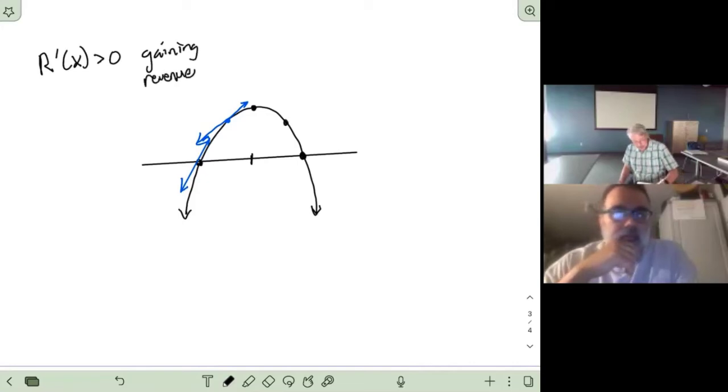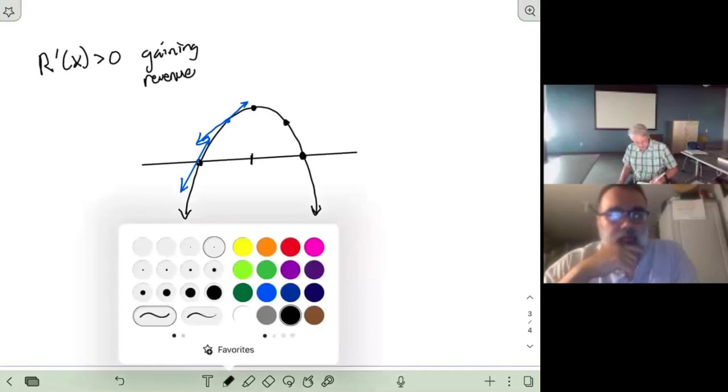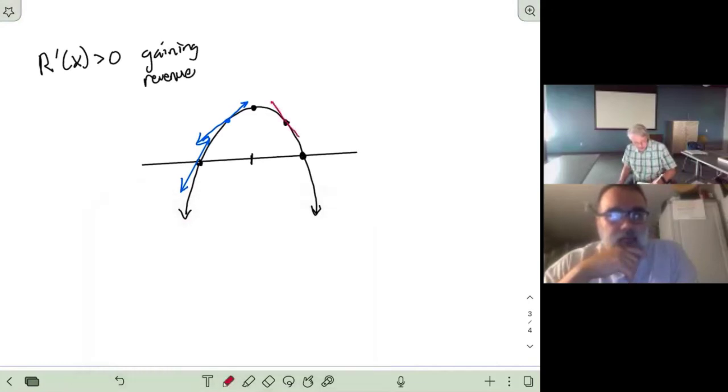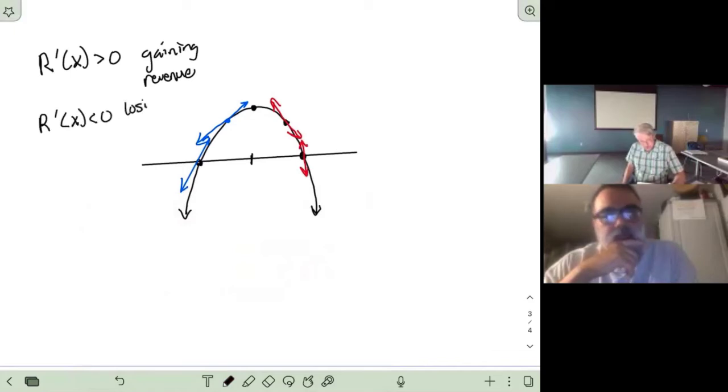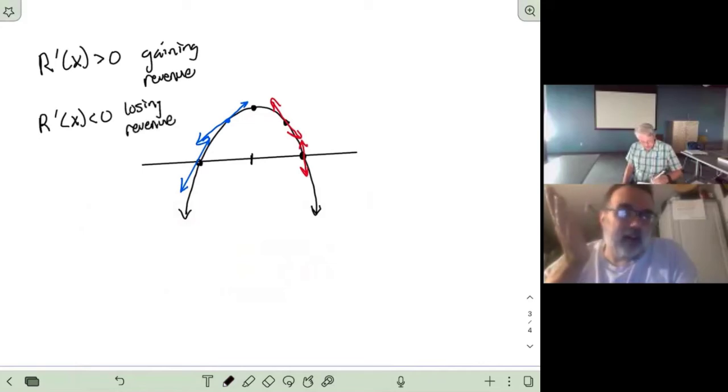And over here, the slope is negative, which means that as x increases, we're losing revenue. That makes sense. So we want to find in between those two.